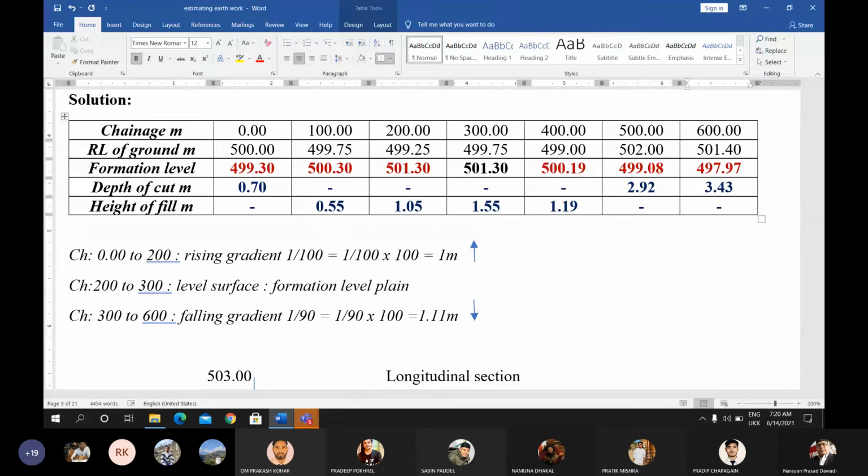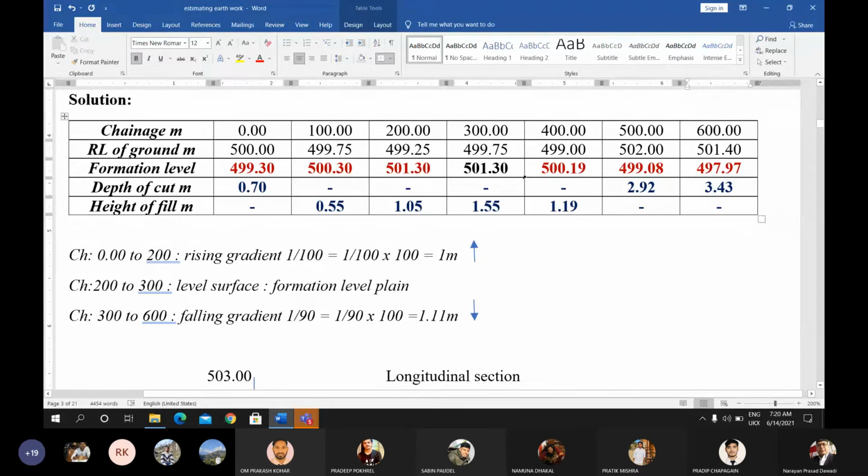Okay. I hope you understand how I am calculating the formation level of the different changes. The formation level is not given at the 0 meter channel here. It is given at the midway of any channel.